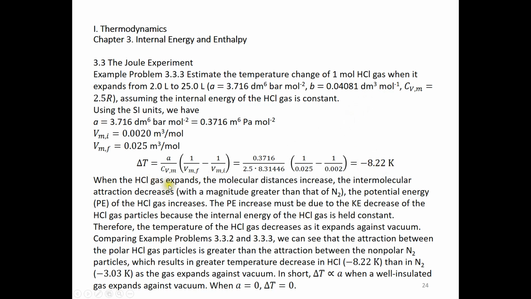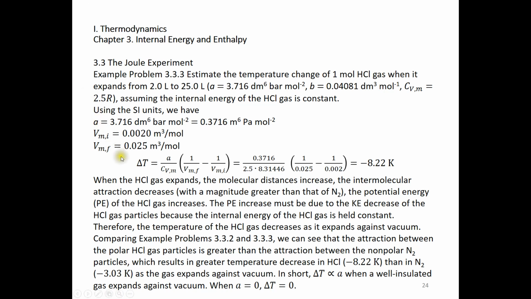When HCl gas expands, again, the distance between gas particles increases on average. Therefore, the attraction decreases. Somehow we need to overcome the attraction to increase the volume. And where does this energy come from? We need to convert some of the kinetic energy into potential energy, and that will decrease the temperature of HCl.